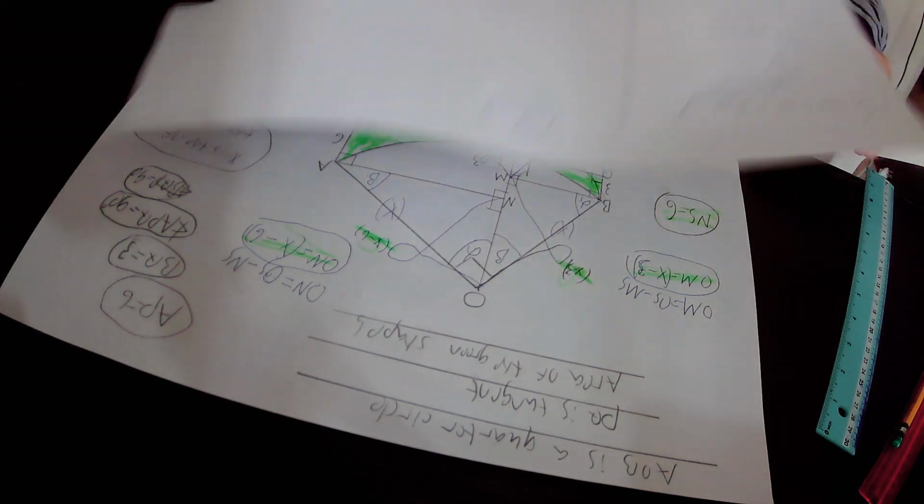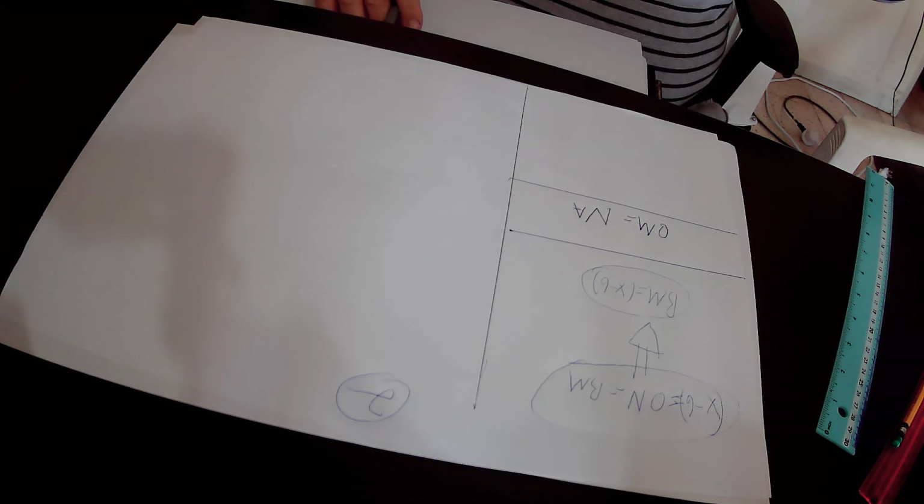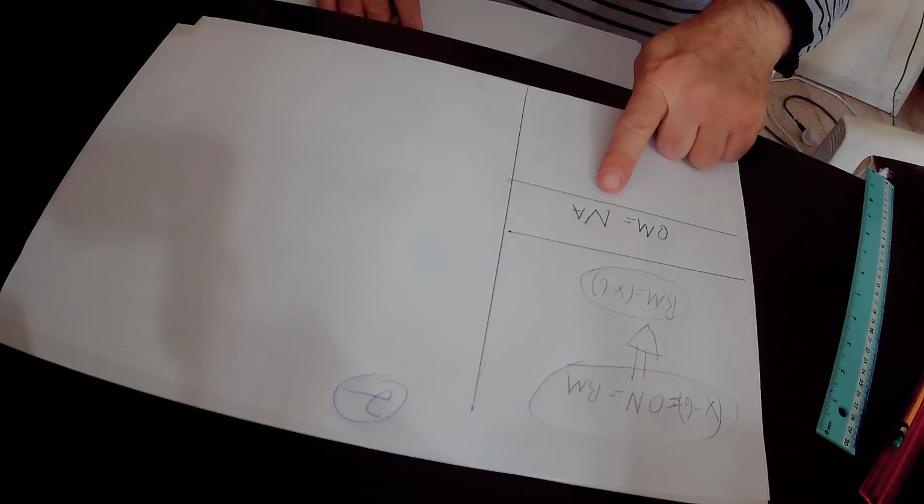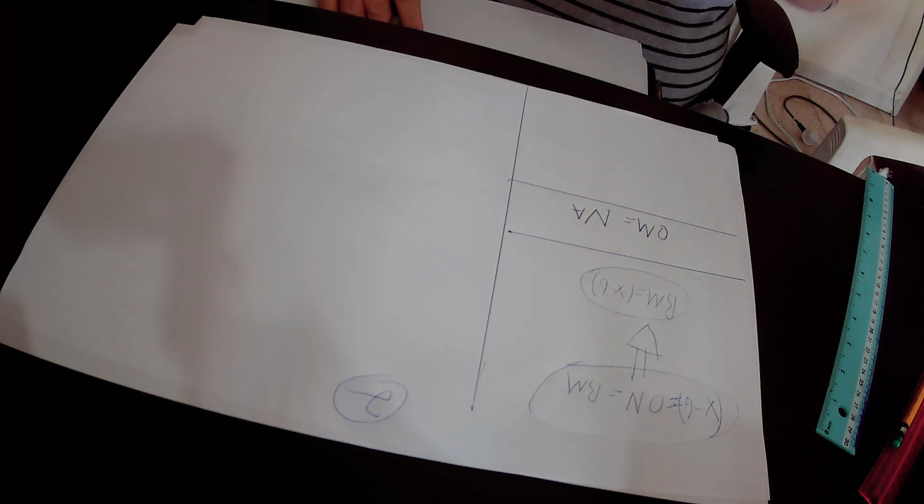Repeat again, we will conclude that side OM in the right triangle OBM equals side NA in the right triangle ONA, according to the rule that corresponding sides in congruent triangles are equal to each other.